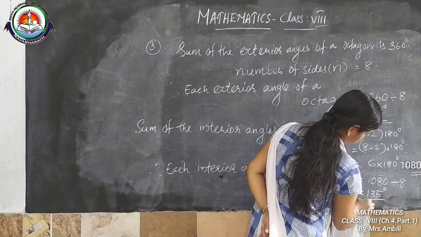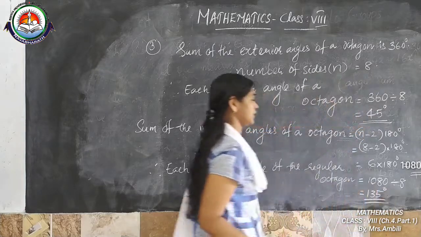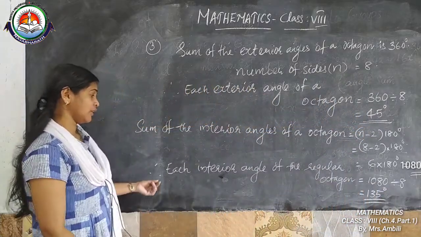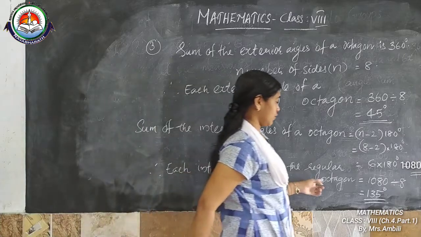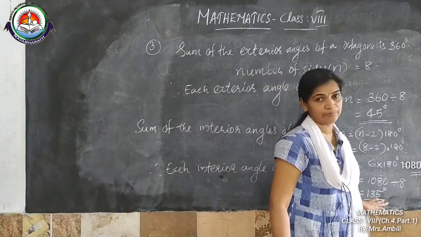Okay, 135 degree. So what we got? Each interior angle of a regular octagon is 135 degree.